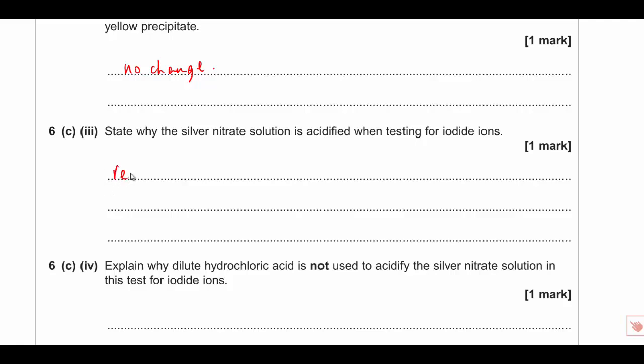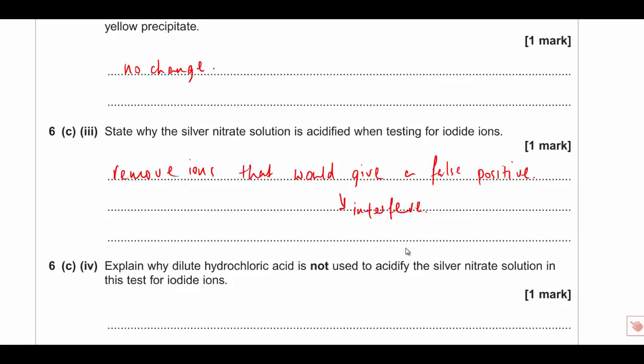To remove ions that would give a false positive, i.e. the ions produce a precipitate that appears as though it is giving you, say, the result for chloride or bromide or iodide, whereas actually it's something else reacting, so it's a false positive, or that would interfere.